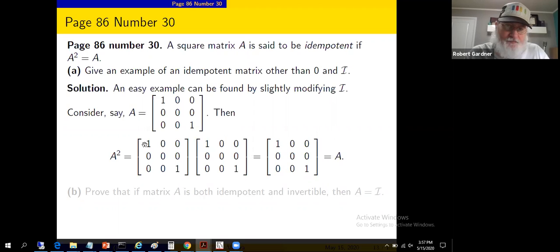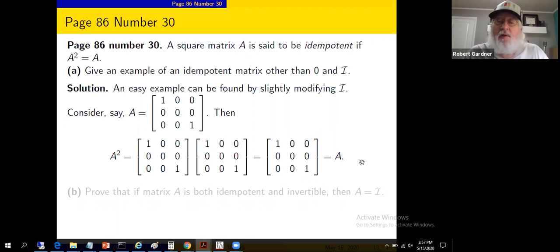And indeed, first row, first column, nice things. Third row, first column, second column, third column, nice things. Second row, first, second, or third column, 0, 0, and 0, which is what we started with. So there's an example of a somewhat more interesting idempotent matrix.